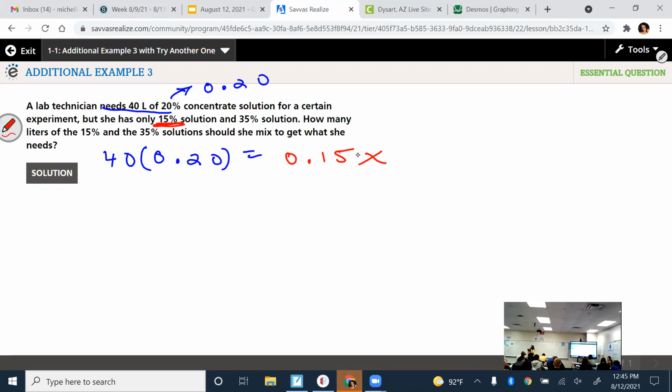So that'll represent the 15% solution. We're combining it with the 35% solution, so what symbol goes here? Addition, plus 0.35, right? That's 35% written as a decimal. Anyone confused where that came from?